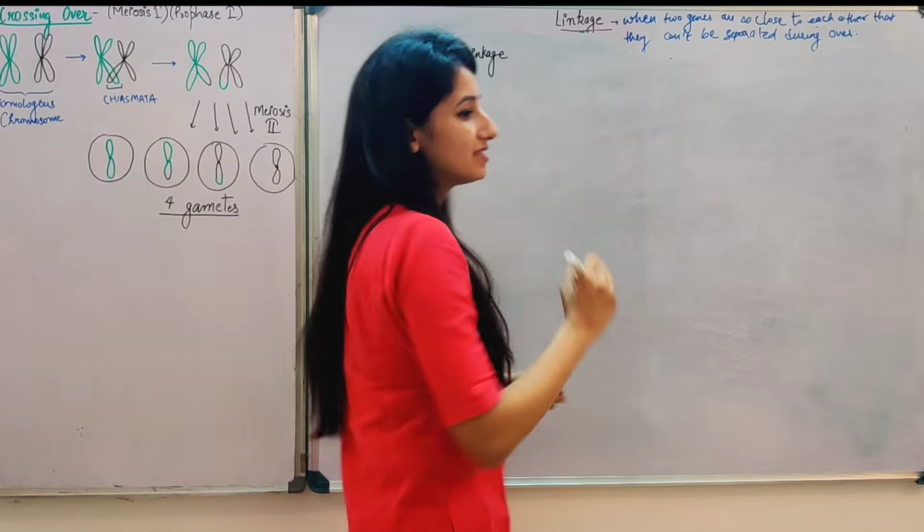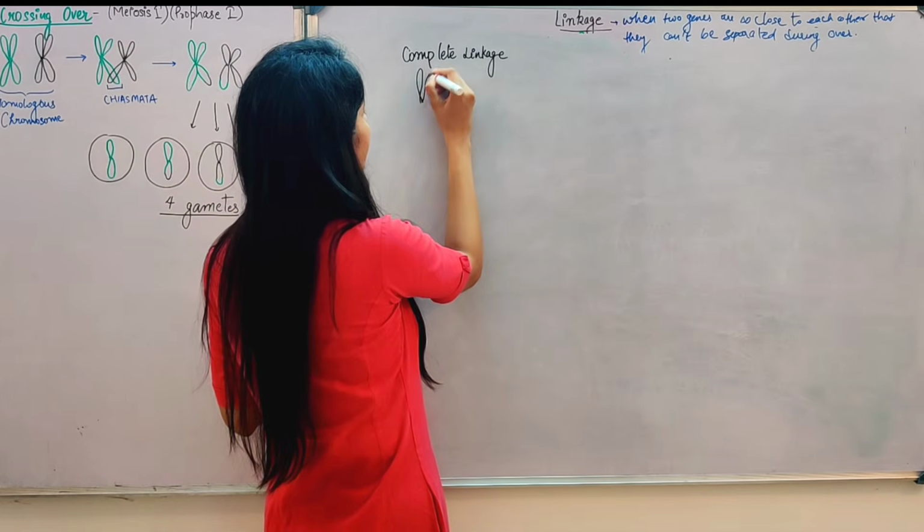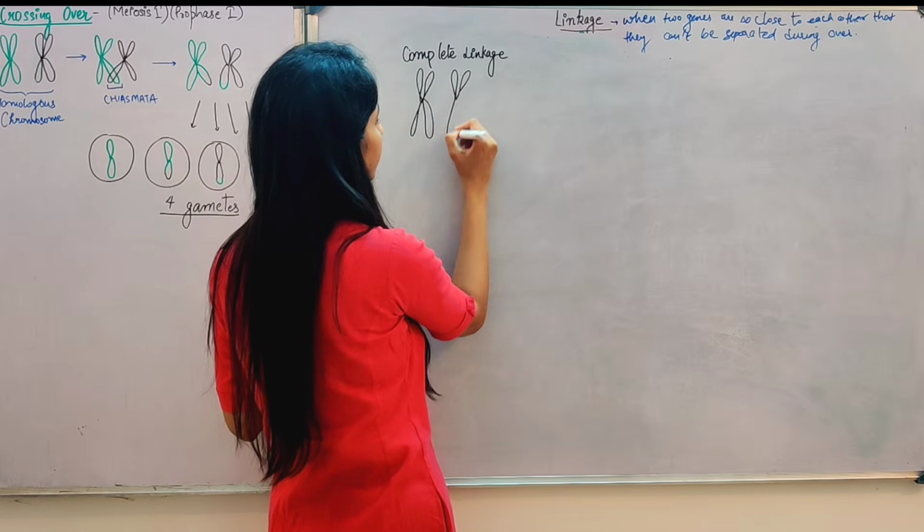As the name suggests, complete linkage means the two genes are so close to each other that they are completely linked.